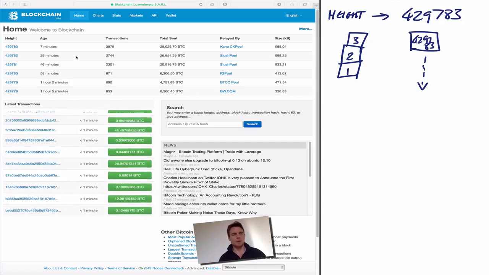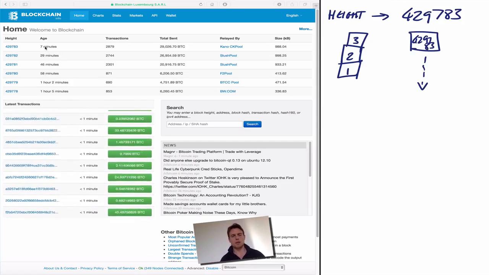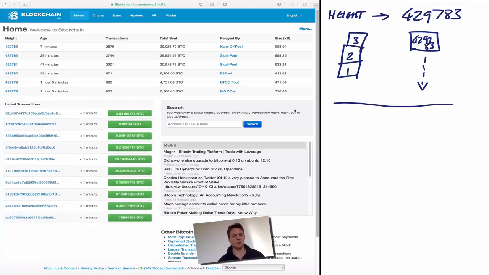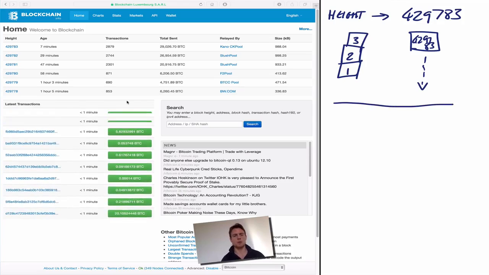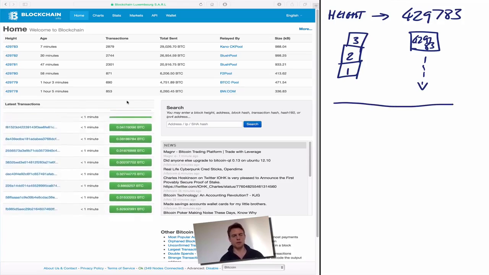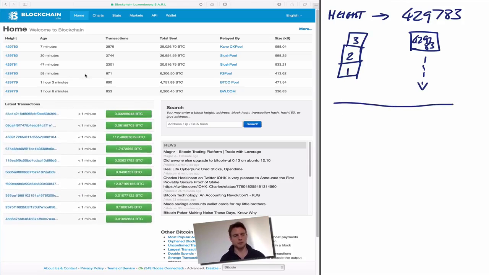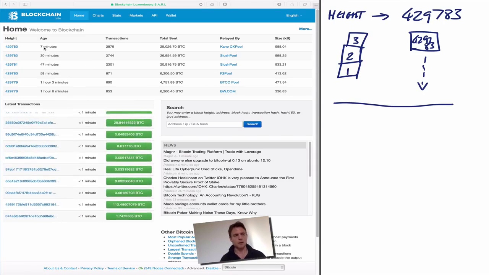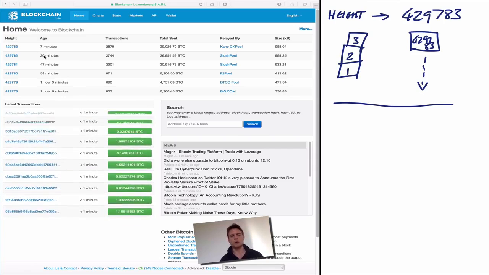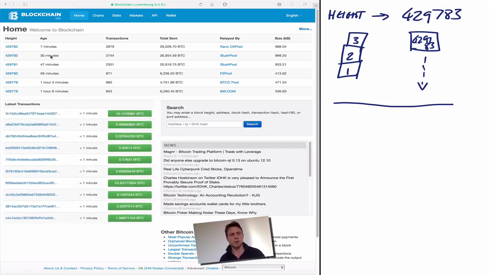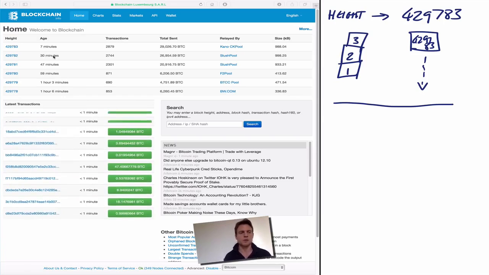Now, the age here is 7 minutes. You can see that on average, the network is supposed to produce and propagate an official new block every 10 minutes. The interval between this one and the one before it was a bit more than 10 minutes. It was actually 23 minutes.